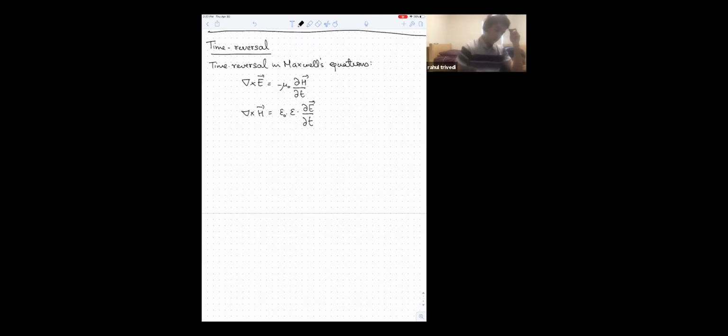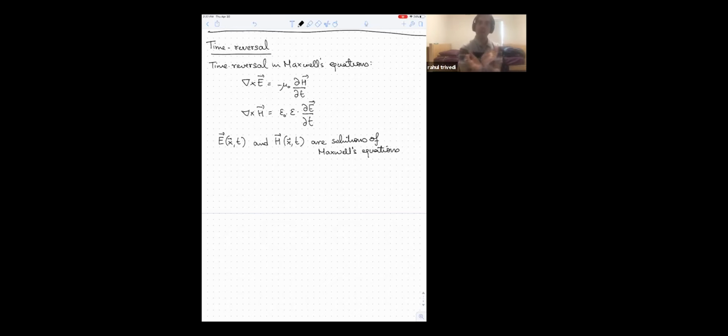So time reversal is essentially saying the following. Let's say that E of x comma t and H of x comma t are solutions of Maxwell's equations. So you construct some solutions where you can imagine exciting them with some initial energy.